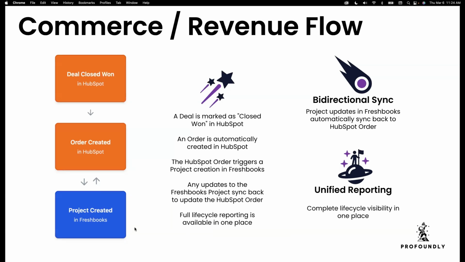A project is where you track and attribute hours against the work that you're doing for a customer, against a statement of work. So you have a certain number of hours that you're working against in FreshBooks, and we're writing that data back to HubSpot so we can get that view of what's going on. So basically, the trigger is deal closed-won, create the order, and then integrate it into the timekeeping software.